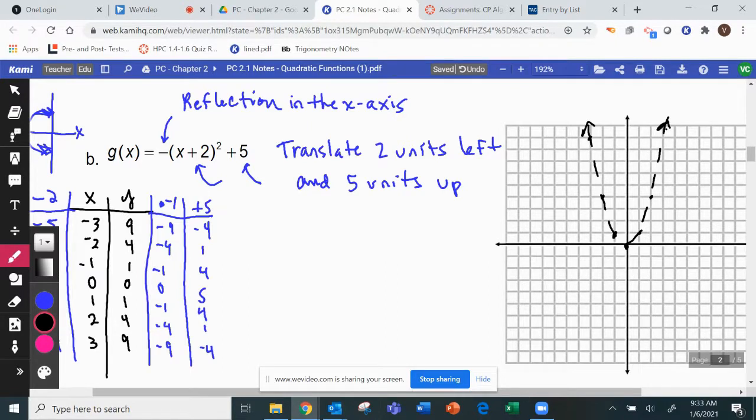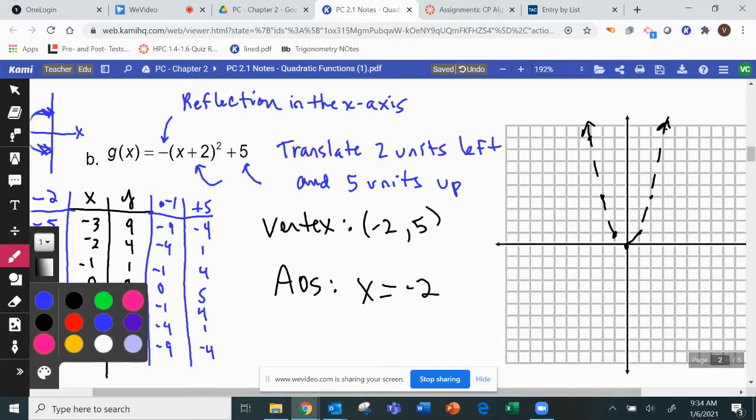Okay, so looking at this equation, the vertex would be at -2, 5, which means my axis of symmetry will be at x equals -2. So I'll graph my axis of symmetry at x equals -2. My vertex is at -2, -5. No, at -2, 5. Sorry, something didn't seem right. At -2, 5. And then we can graph ordered pairs.